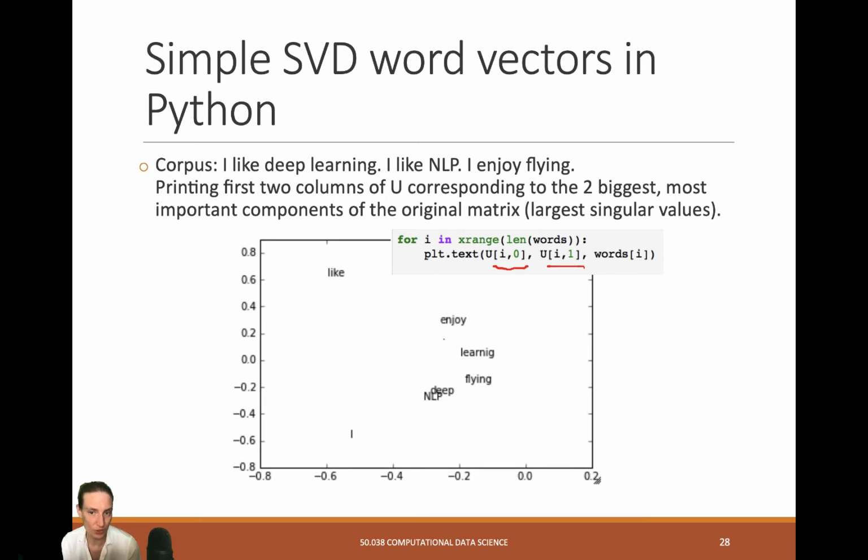If we use those two, we basically get two coordinates for each word. And we get plotted like this on the graph. Now, ideally, if you have a huge matrix, we would see that words that occur close together on this graph have a similar meaning in real life. So obviously our corpus is too small to see this, but that is how SVD works.